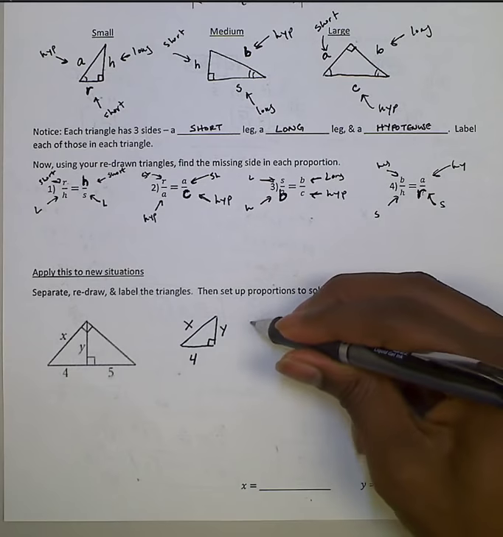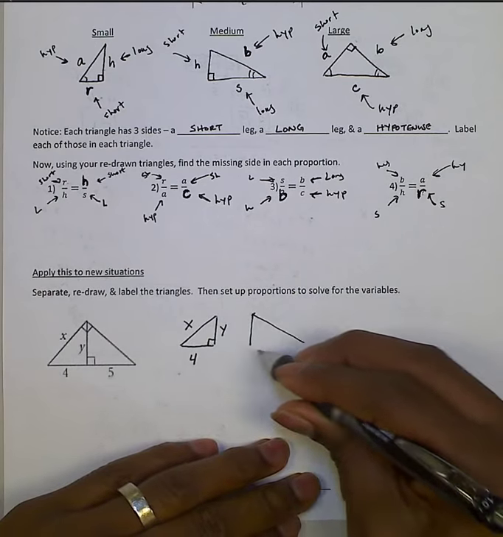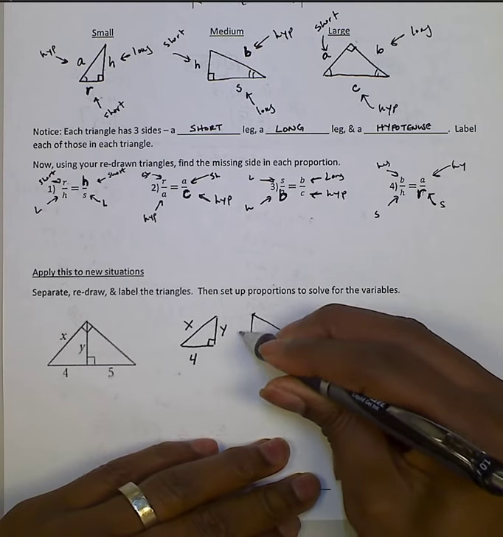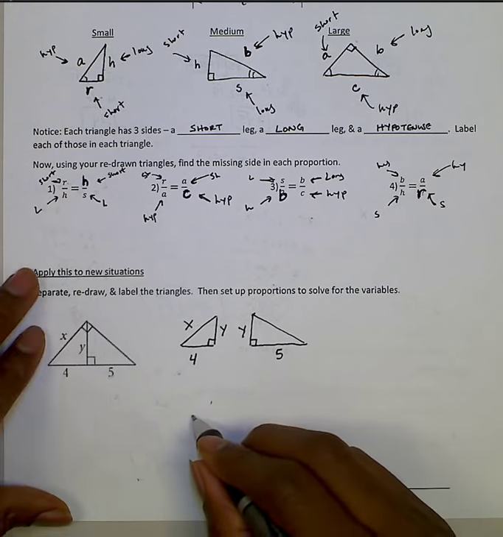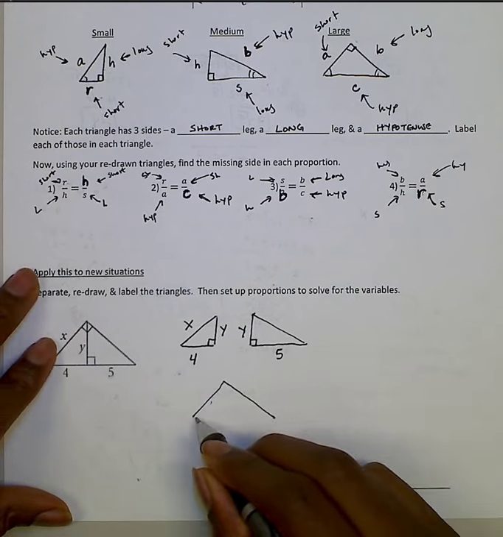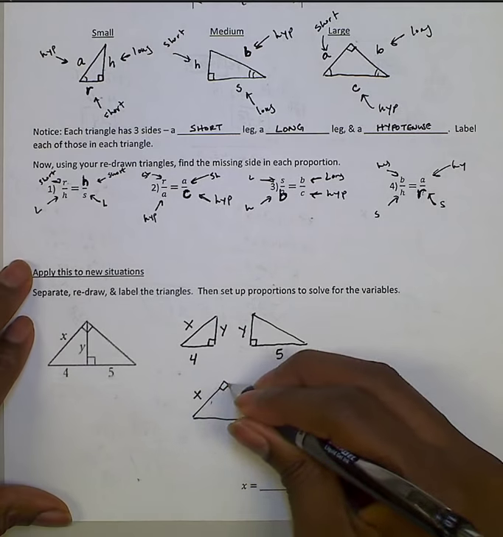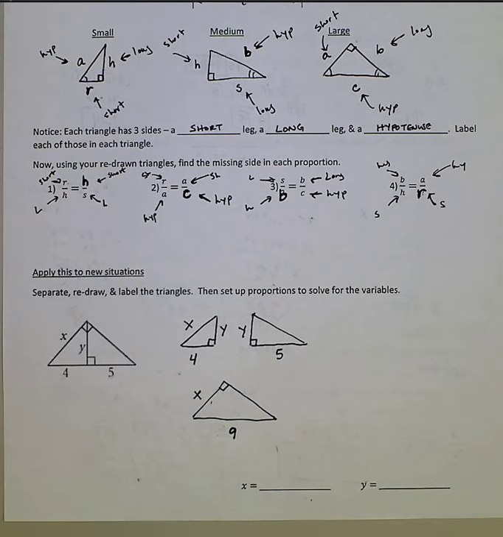The one to the right, which is y, 5, and then the original triangle, which is x, and I'll just say this is 9 because that's what it is.